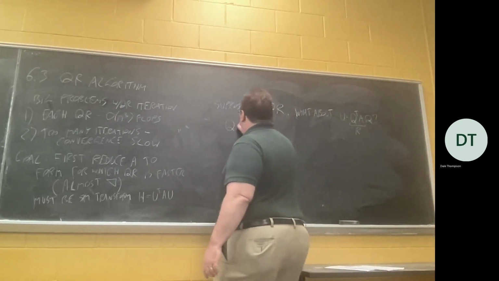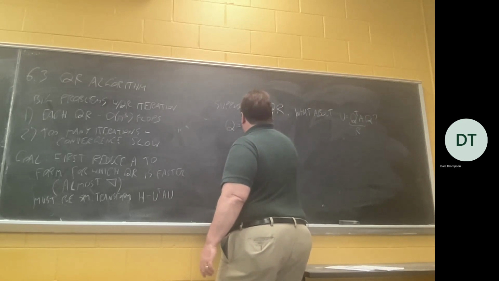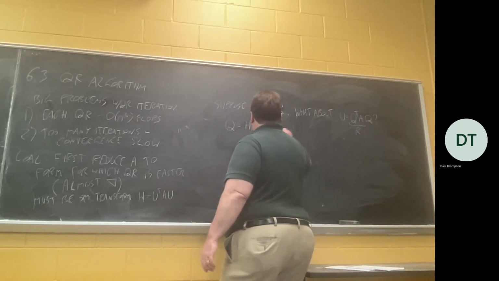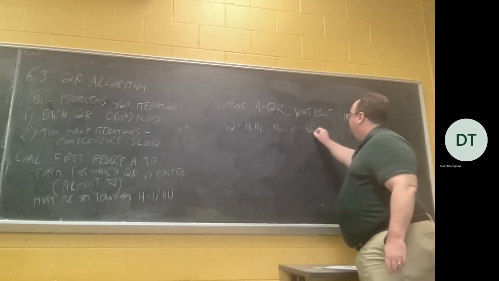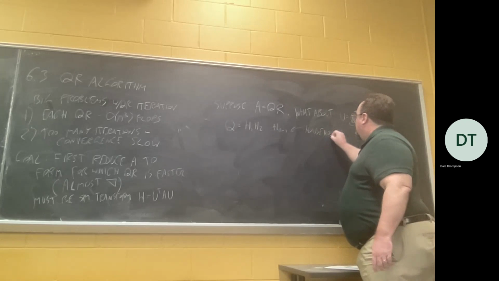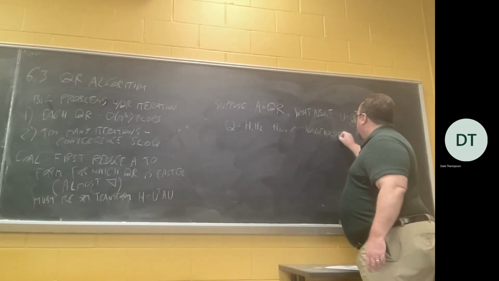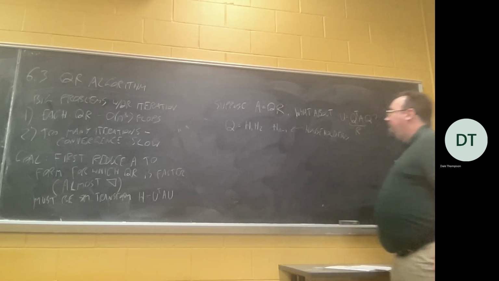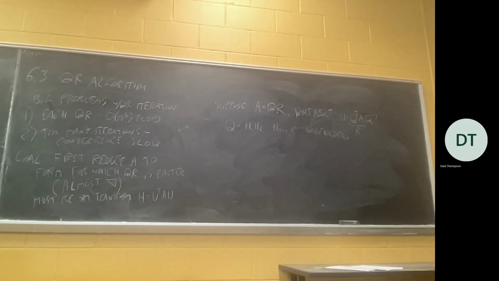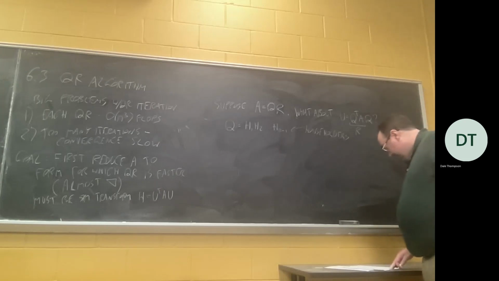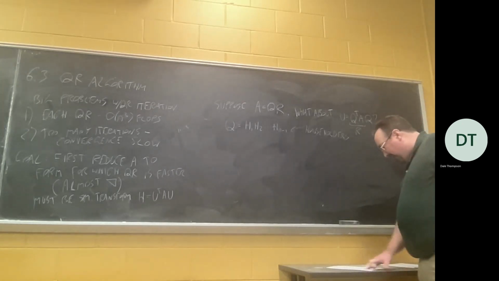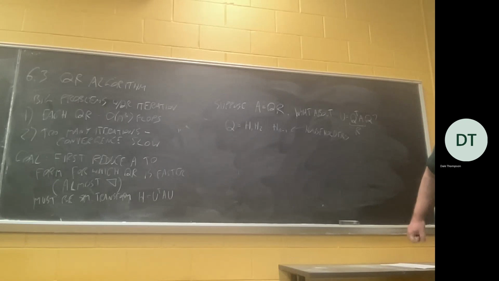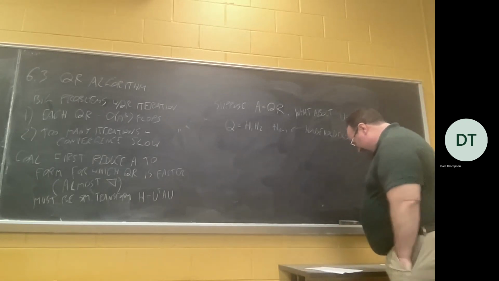Because Q can be written as a product of Householder reflections, each one zeroing the appropriate portion of a column of A.